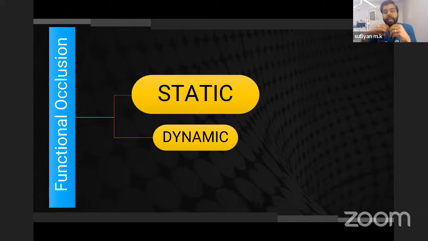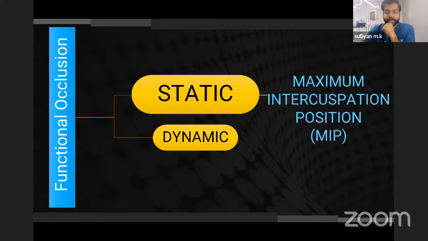Maybe the patient has ideal occlusion, or crowding, or a crossbite. Whatever kind of occlusion the patient has, that's the maximum intercuspation, the stable position for that particular patient. That is simply known as MIP, maximum intercuspation position, right?